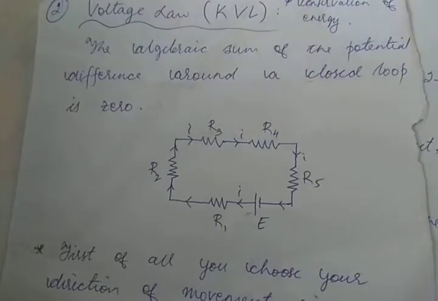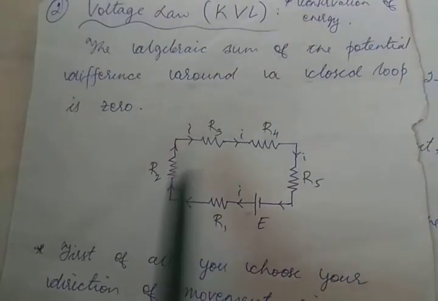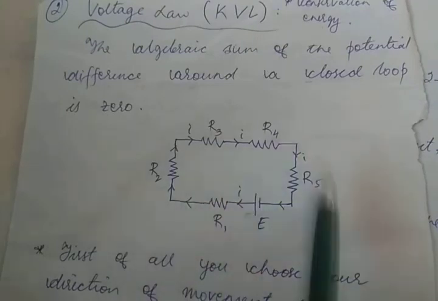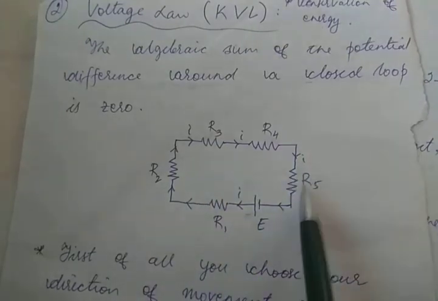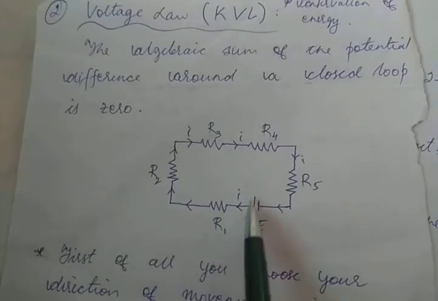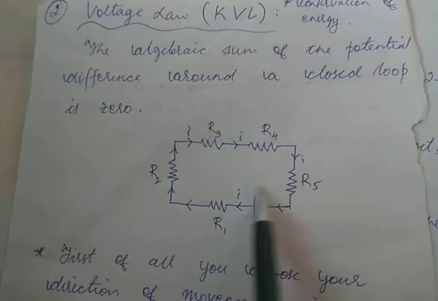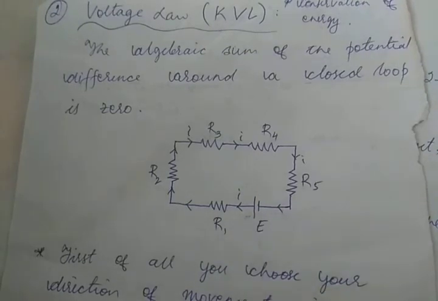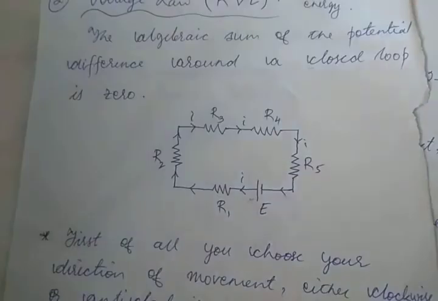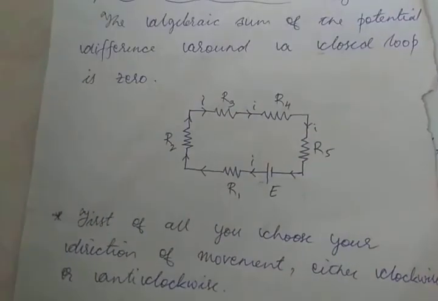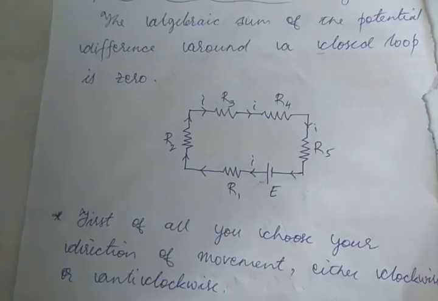Okay, so we have a circuit in which we have 1, 2, 3, 4, 5. I've shown it. I have 5 resistors over here, and we have a battery connected to the 5 resistors. Now what you should remember in here is, in order to apply Kirchoff's voltage law, here also we need to stick to a convention.